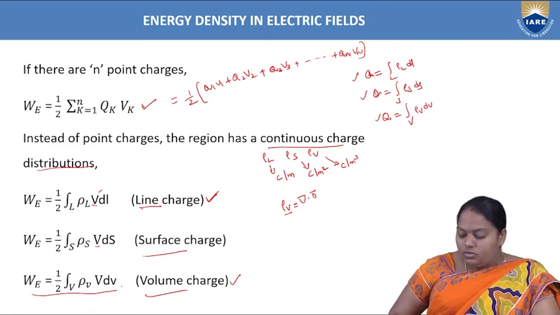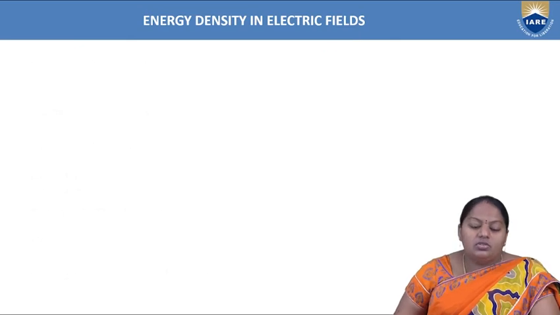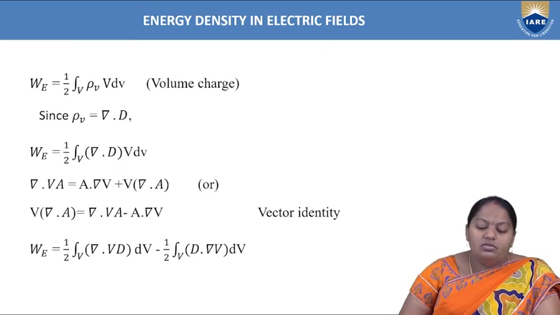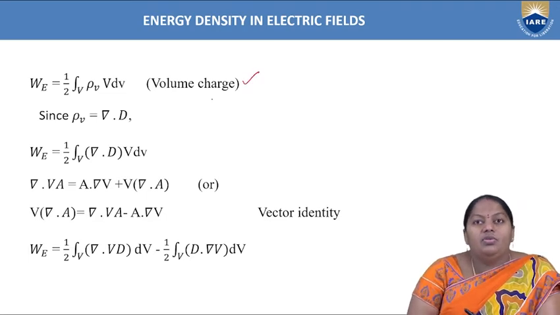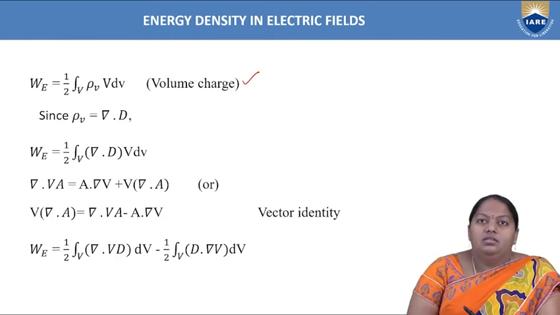Right? So to get the energy density in electrostatic fields, we have considered one of the relations for continuous charge distributions: W E equal to 1 by 2 integral V rho V dV.